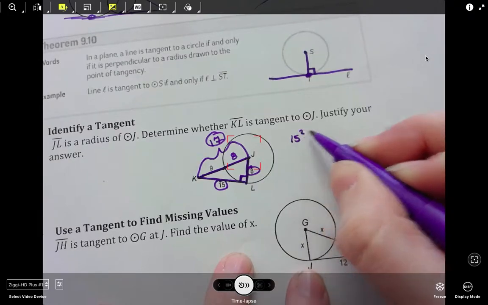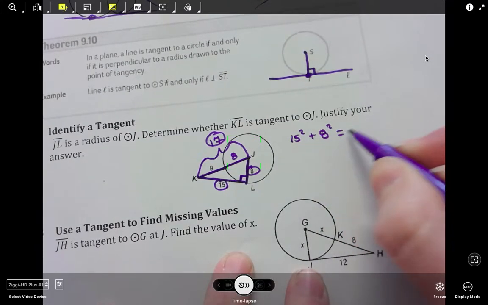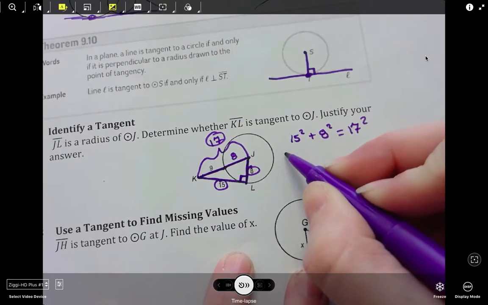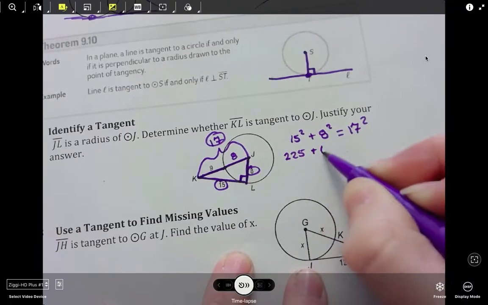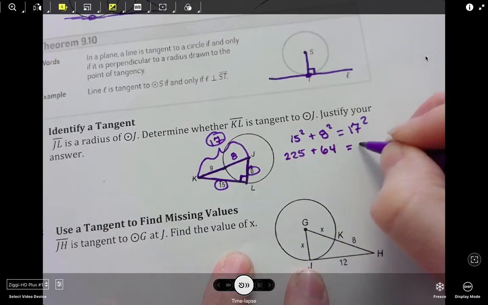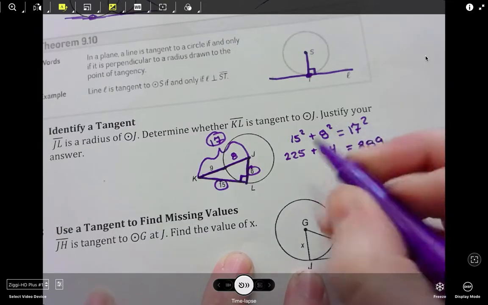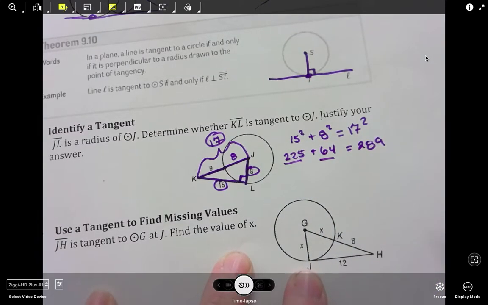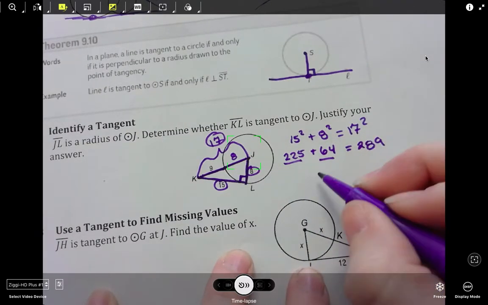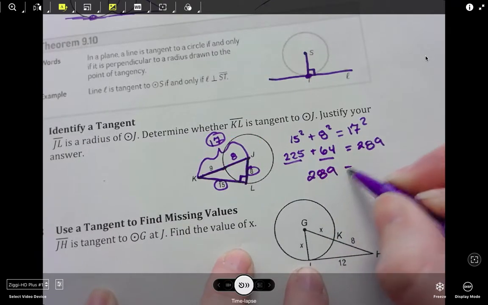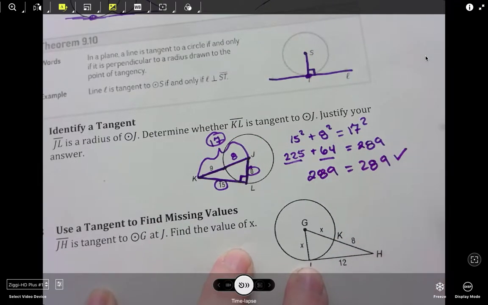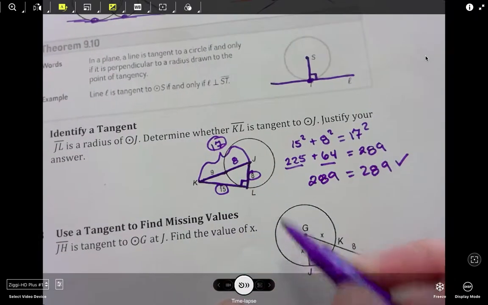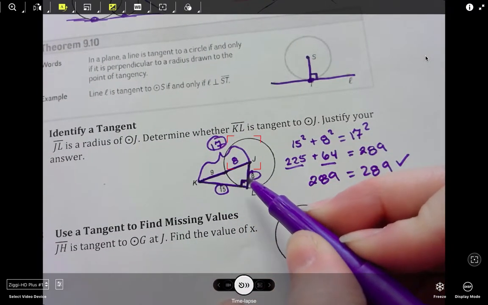So 15 squared plus 8 squared has to be 17 squared. 15 squared is 225, 8 squared is 64, 17 squared is 289. So we're seeing if these two added together make 289. 225 plus 64, yep, 289 equals 289. So that means that this is a right triangle. This is the right angle in that right triangle.